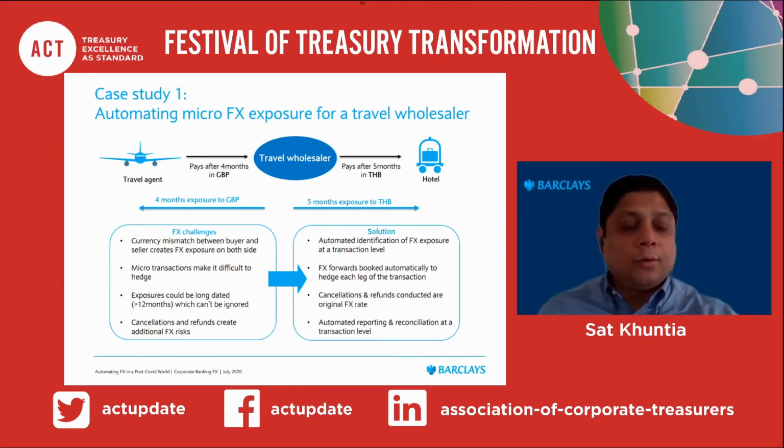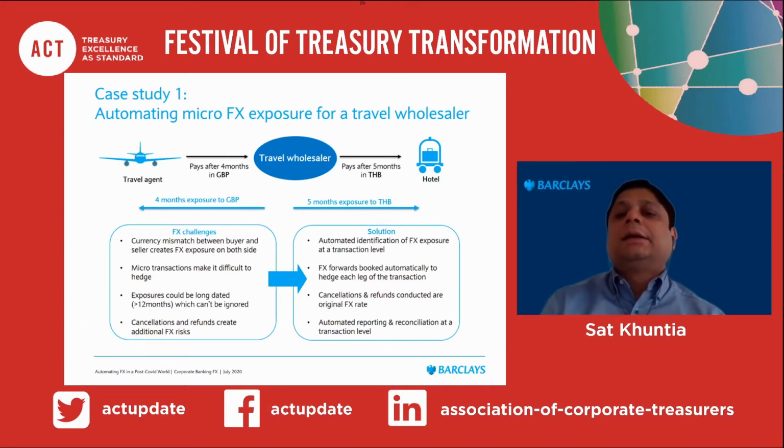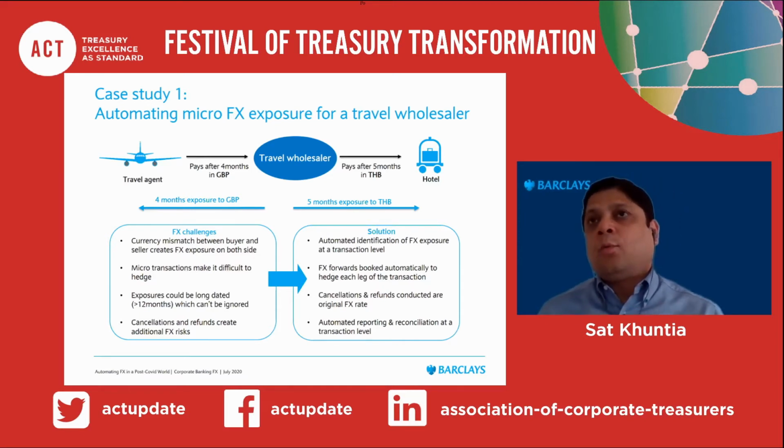You're leaving no room for forecasting errors. So we risk manage all of these flows, and if and when cancellations do come in, they communicate that to us via the same API link, and we refund them at the original FX rate at which the transaction had happened.